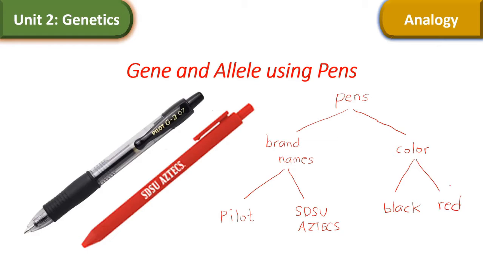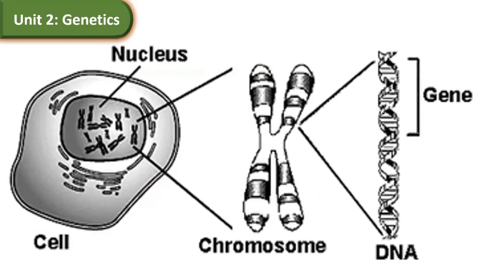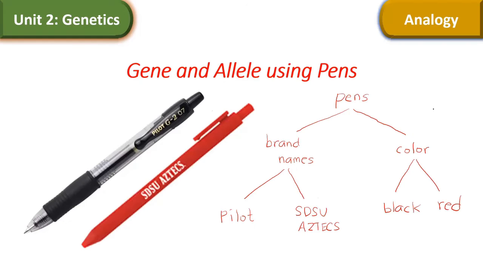So how do we relate or connect this analogy to your gene and allele? Remember that your gene is a section or a part of your DNA. So your pens here will represent your DNA, and the brand names and the color represent your genes, wherein your brand names have two alleles.